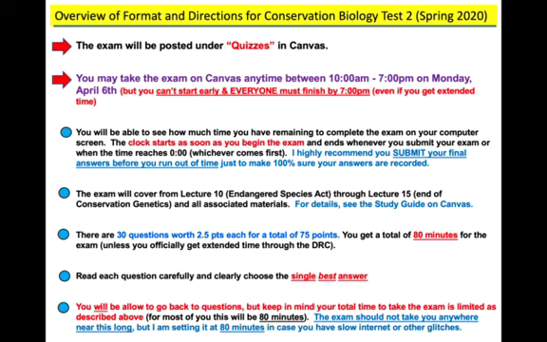So even though you have this window of 10 a.m. to 7 p.m. to take the exam, once the clock starts and you start the exam, you're only going to have a set amount of time to complete the exam. Again, for most of you, that's going to be 80 minutes.